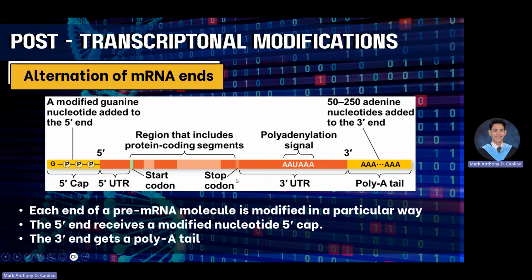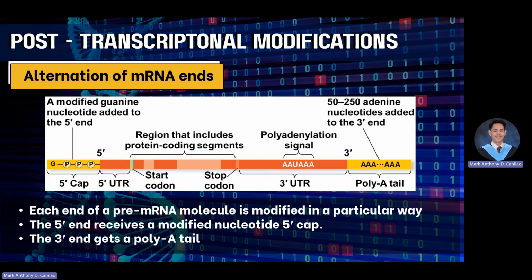So you might be wondering why we need to add a cap at the 5' end and also a tail at the 3' end. It is because when it exits the nucleus and is deposited in the cytoplasm, the environment of the cytoplasm is not always favorable. There are molecules that are free flowing in the cytoplasm, and there is a tendency that they might attach to the mRNA.